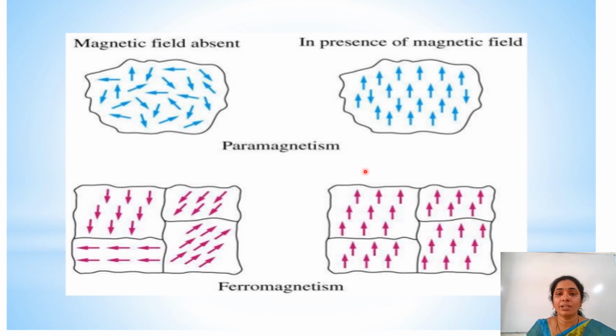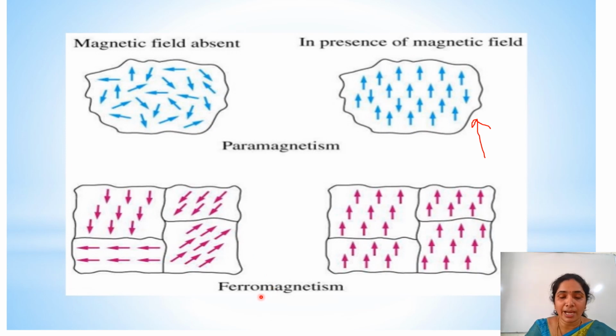If you assume the magnetic field is applied in this direction, upward, most of the magnetic moments are aligned in this direction, except some of these, which are present in the opposite direction.